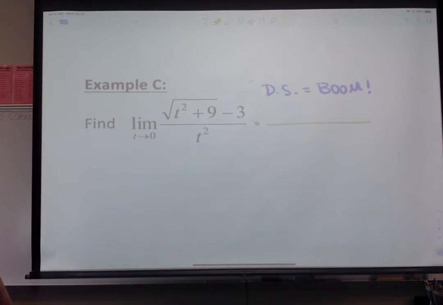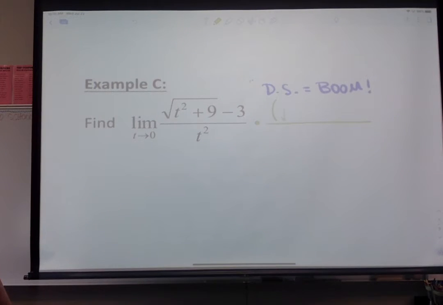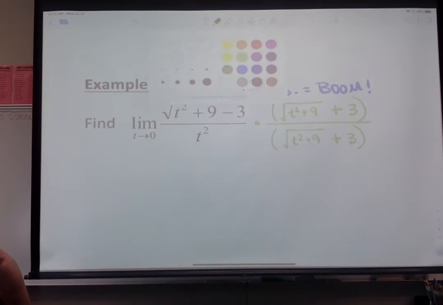So I'm going to multiply by the quantity, radical t squared plus 9 plus 3, and also in your denominator. Multiply by the same thing, that's keeping it legal. I know you don't want to, but rewrite the fact that we're doing a limit here.